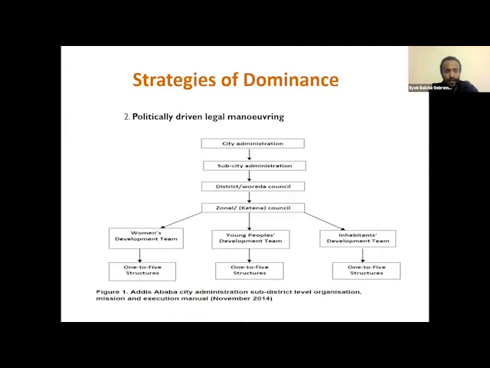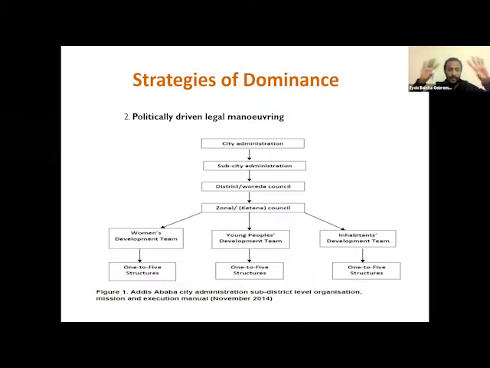This slide shows the extent to which the formal structures of the city administration relied on non-formal channels of communication, control, and distribution of economic and political resources, and also of political control.